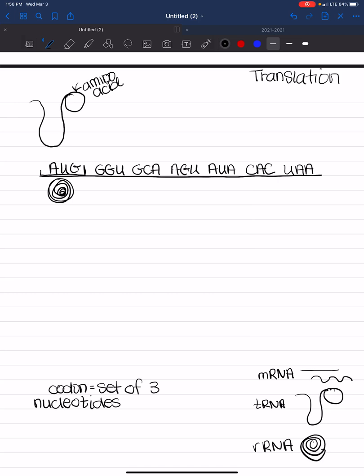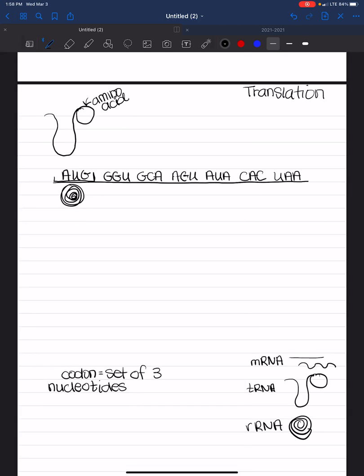Another part of the transfer RNA we've got to talk about is the part that is going to match the codons on the messenger RNA. Remember, there's no thymine in RNA, and transfer RNA won't have any thymine. This set on the transfer RNA that matches the codons on the messenger RNA is called the anticodon. So it's the opposite of the codon.